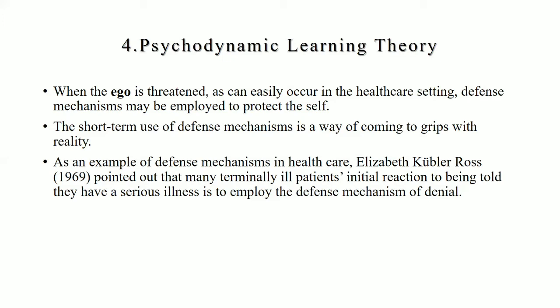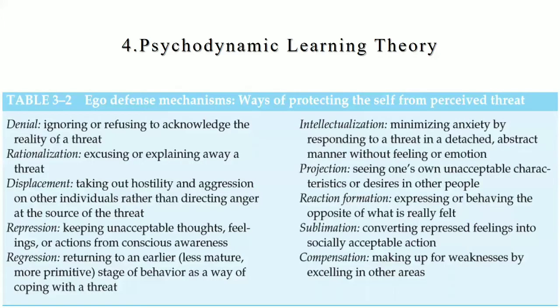With death news or bad news, the first response is always denial at the first encounter. So denial is a mechanism used by the individual to avoid that bad news. Defense mechanisms are basically ways of protecting the self from a perceived threat.